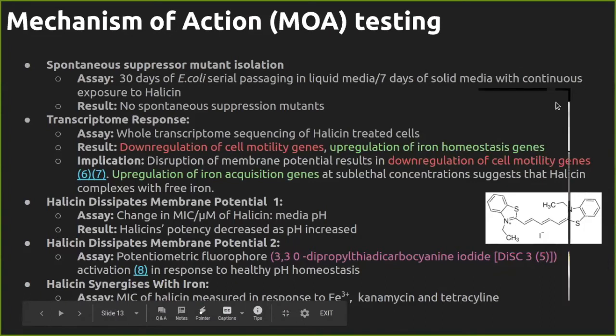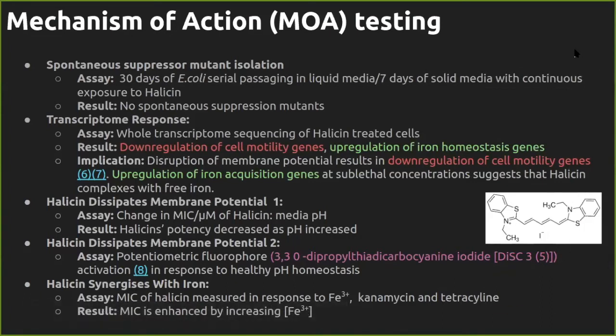The next battery of tests was a transcriptome response to halicin. So that is, they measured the transcriptome of E. coli in a dose-dependent manner to halicin to see what correlates with an increasing dose of halicin, see how the cell responds.